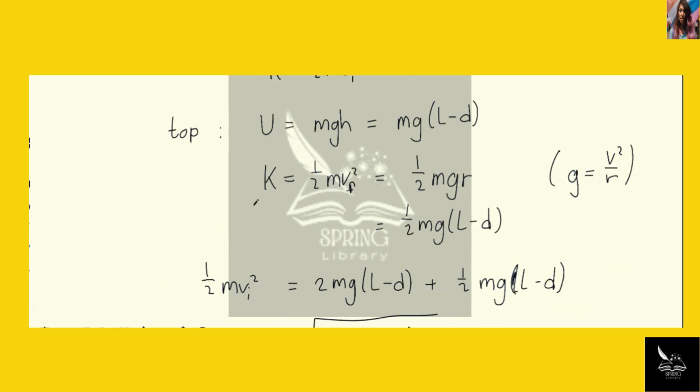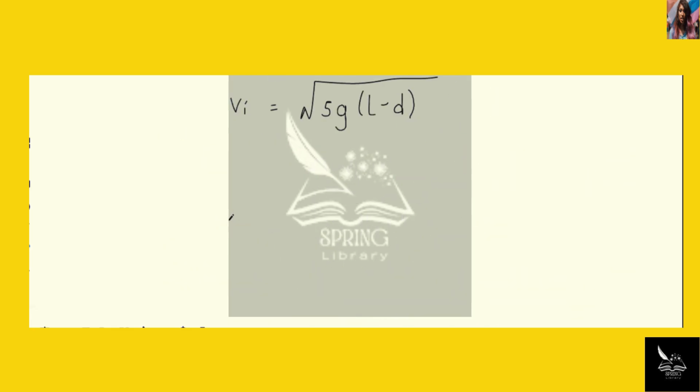Well, the minimum angle theta will tell us the angle at which the pendulum needs to be released so that the pendulum can pass through the entire circle. Again, we can use the conservation of energy. So the initial potential energy plus the initial kinetic energy is equal to the final potential energy plus the final kinetic energy.